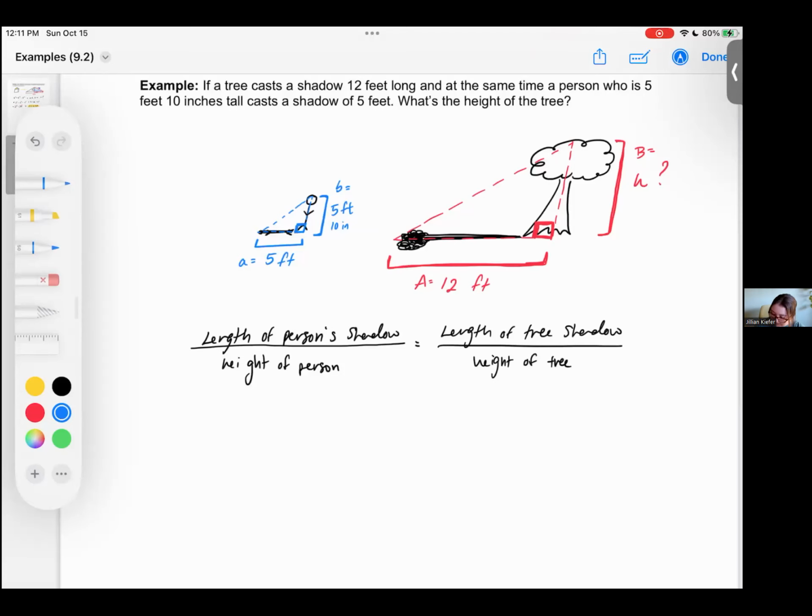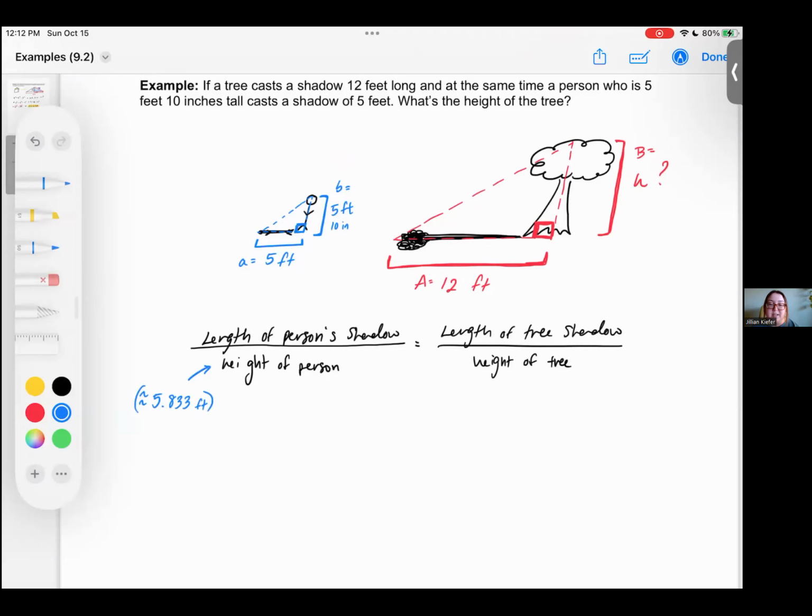The height of our person in all feet should be about 5 point, and we're going to give it 3 decimal places because we're using this value in our calculations. We're not just going to toss it off to the side, so we give it a couple more decimal places than we normally would. So it's about 5.833 feet.